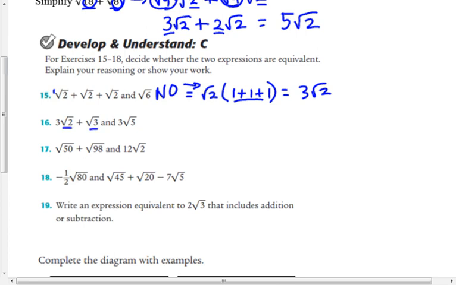On number 16, you're going to look at that and just think, are those like terms? Can I just write that as 3 times the square root of 5? If you're really not sure, you can check on your calculator. Does 3 times the square root of 2 plus the square root of 3 equal 3 times the square root of 5?